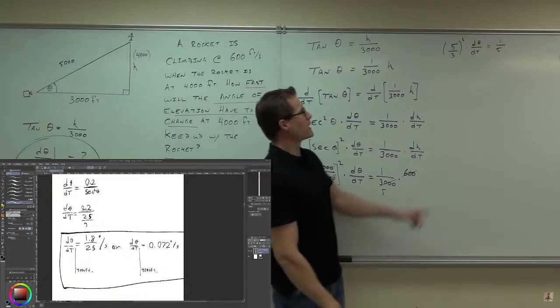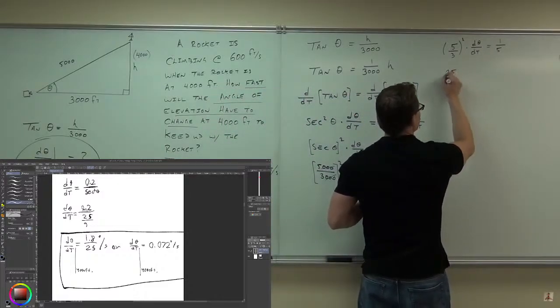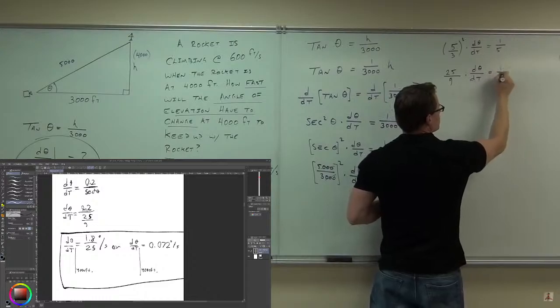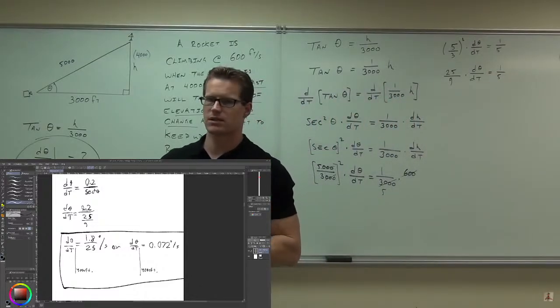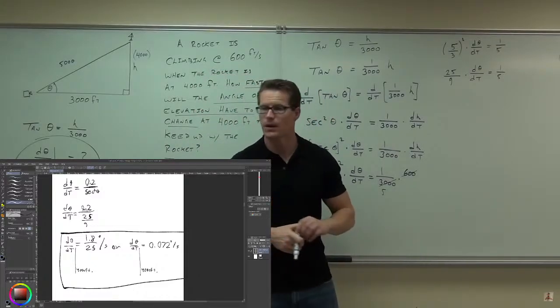All right. Let's go ahead and square it. What are you going to get squared? Times d theta dt, which is what I'm looking for, equals 1/5. Let's get rid of 25 over 9. You do what? Division. Say what? Okay, very good.